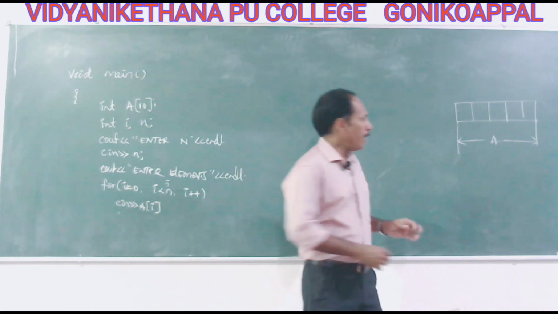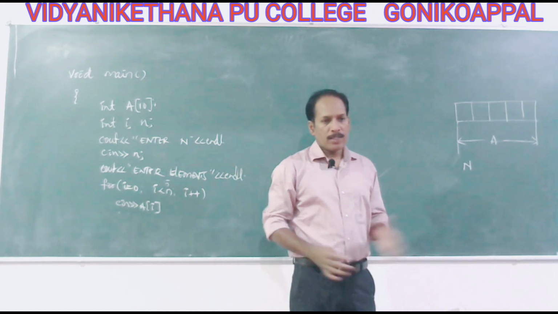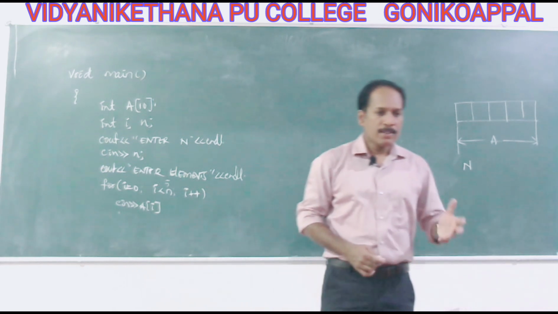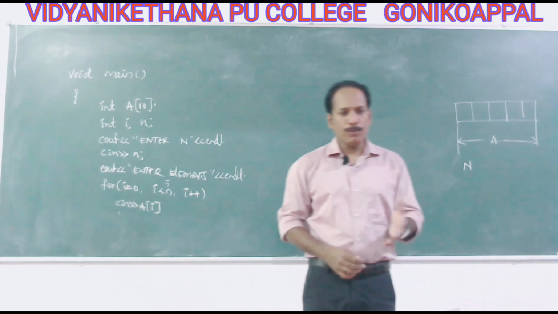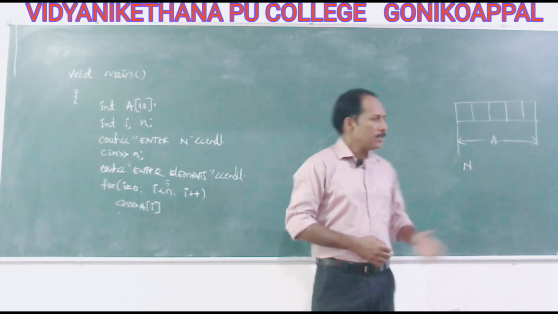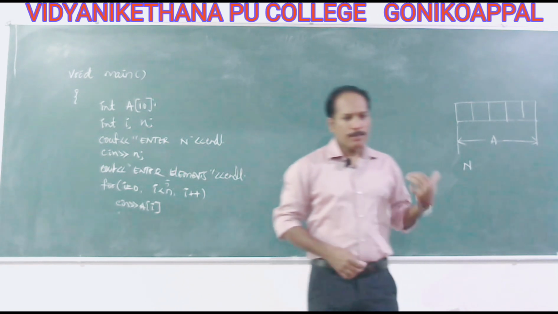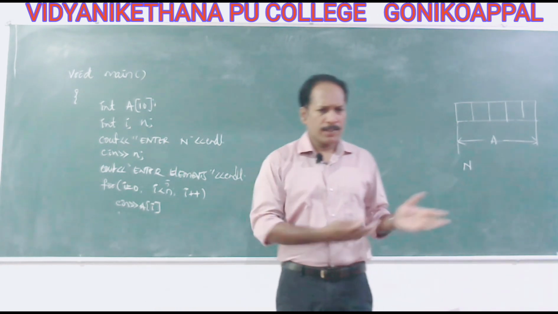N always contains the size of the array, the number of elements. If it's 10 we have 10 elements, 4 means 4 elements, 5 means 5 elements. Here I took 5 elements: 1, 2, 3, 4, 5. So n will be 5.